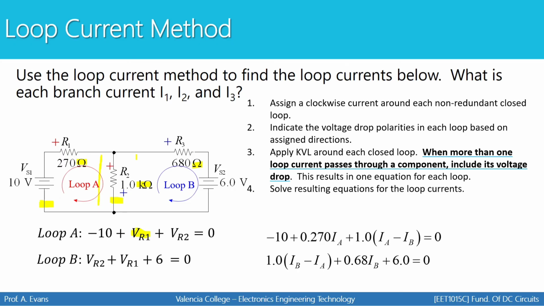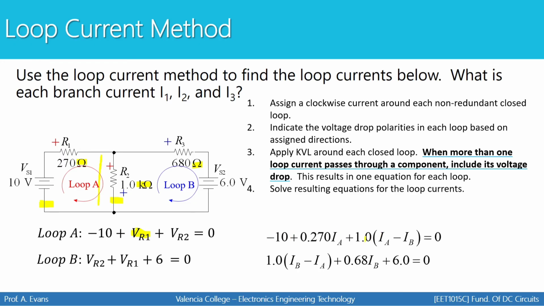Since they're in opposing directions, that means we have to take the difference between them. So the current for R2 is going to be IA minus IB. Keep in mind when you select your current for this resistor, you're going to write the current for the loop you're considering first. Since I'm looking at a KVL around loop A, the IA comes first.